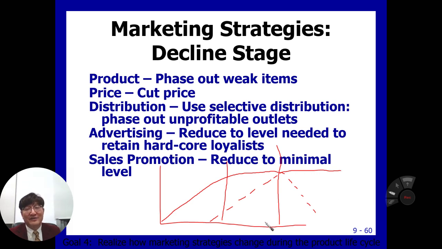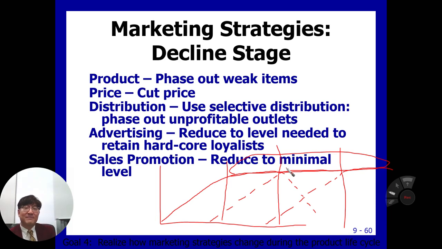Okay, before the second version of the product goes into the declining stage, the second version hands over the market to the third version of the product. By doing this, you can keep your product in the maturity stage, not in the declining stage.